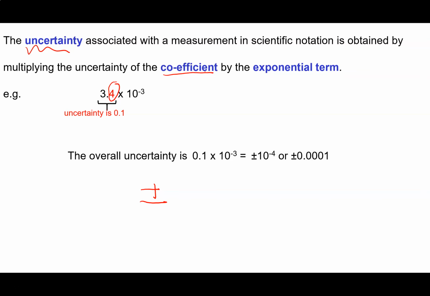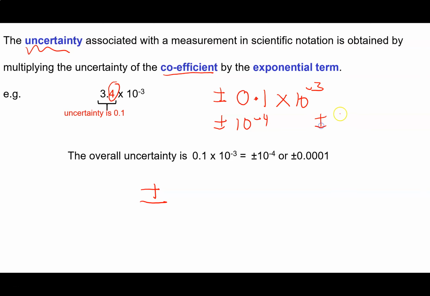But you have to remember to multiply your coefficient by the exponential term. So this number here, we know that the uncertainty is going to be plus or minus 0.1 times 10 to the minus 3. That's how well we know this measurement, right? Okay, or another way of writing that is it's going to be plus or minus 10 to the minus 4.